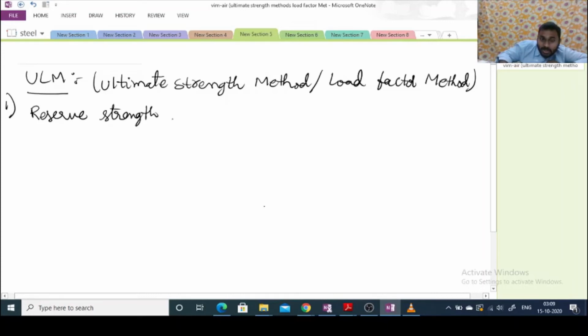Reserve strength is the basis for this method.